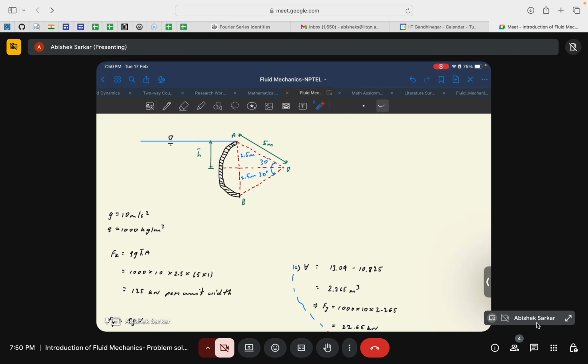So our task was to find the value of this length. Okay, so the radius is 5. AO is 5 and OB is 5.